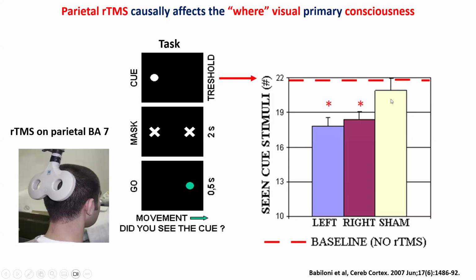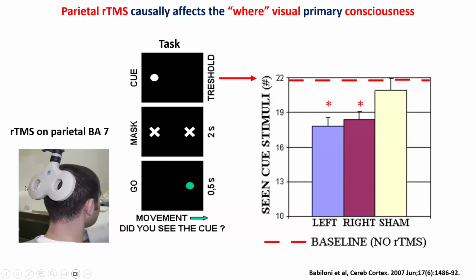In yellow, you have the number at the group level and the standard error, the dispersion bar. You see the mean number of cue stimuli perceived consciously during a fake stimulation with the coil.